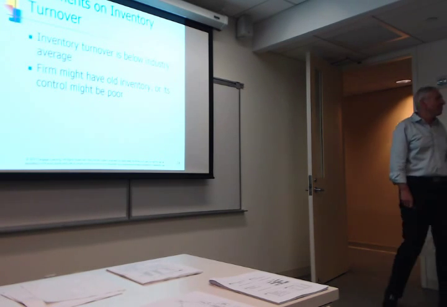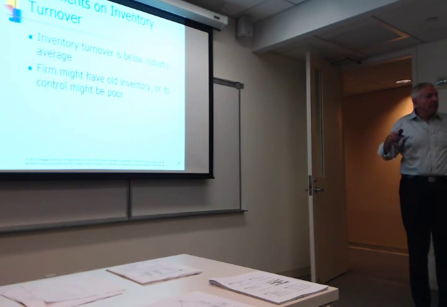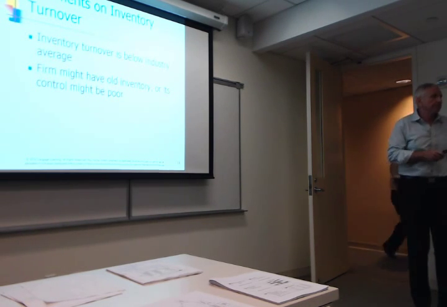Right? So it's important again to remember that all the ratios do is send up a flag. The ratios say there's something right and we need to continue doing what we're doing, or there's something wrong and we need to figure out what is wrong and fix it.